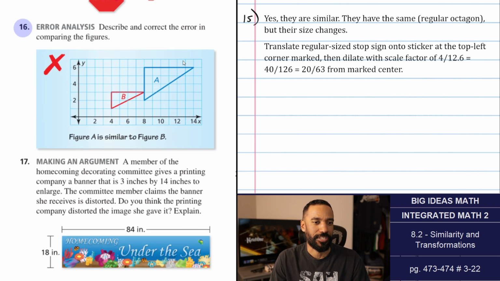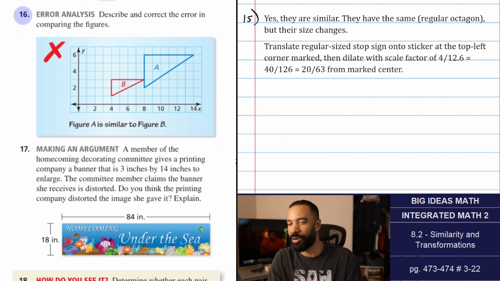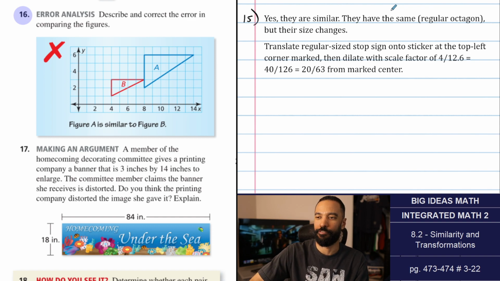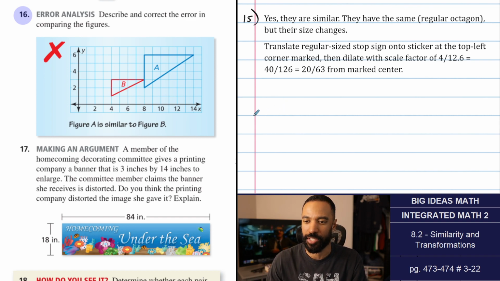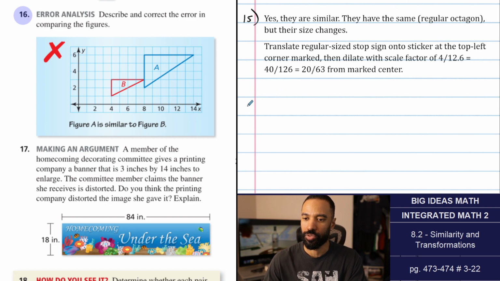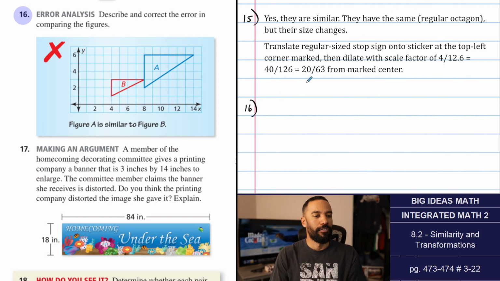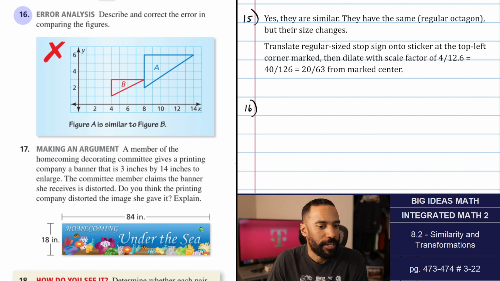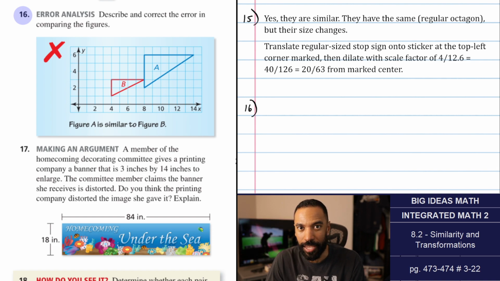All right, error analysis. Describe and correct the error in comparing figures. Let's see what they talk about here. Number 16. Okay. Figure A is similar to figure B. Well, because they said correct the error, I'm going to guess that's not the case.